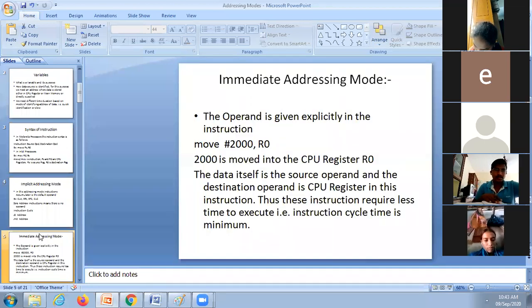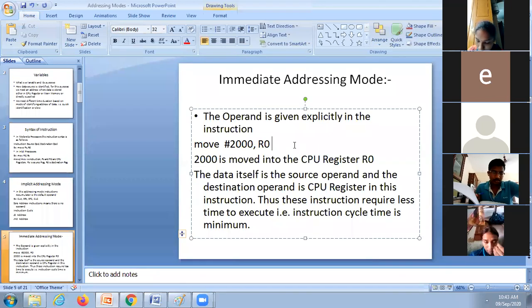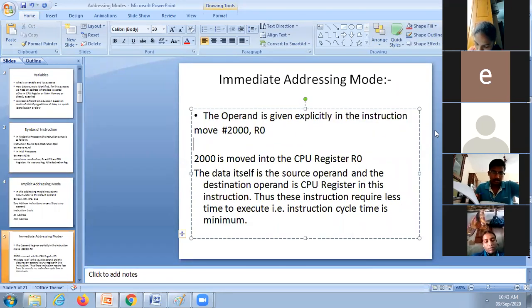For example, move #2000, R0. Sometimes if it is with the accumulator, you can directly add #2000 to A. That means 2000 will be added to the accumulator. That is another example, where you need not mention A. Add means it is always with the accumulator.